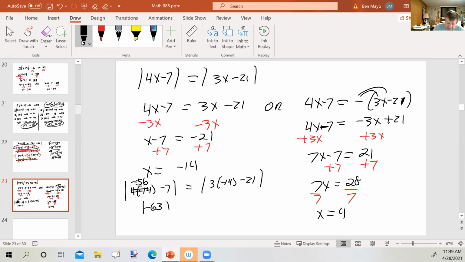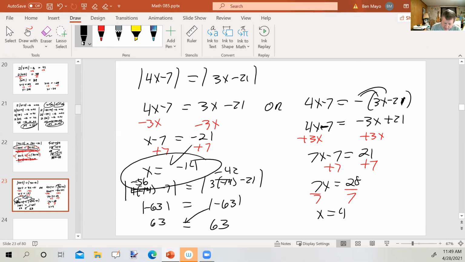And the absolute value of -63 is +63. On the right side of the equation, 3 times -14 is -42, and -42 minus 21 is -63, and the absolute value of -63 is 63, so it checks.